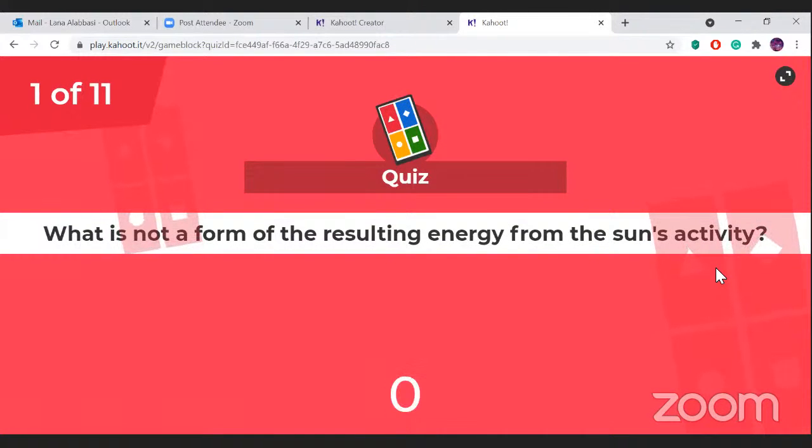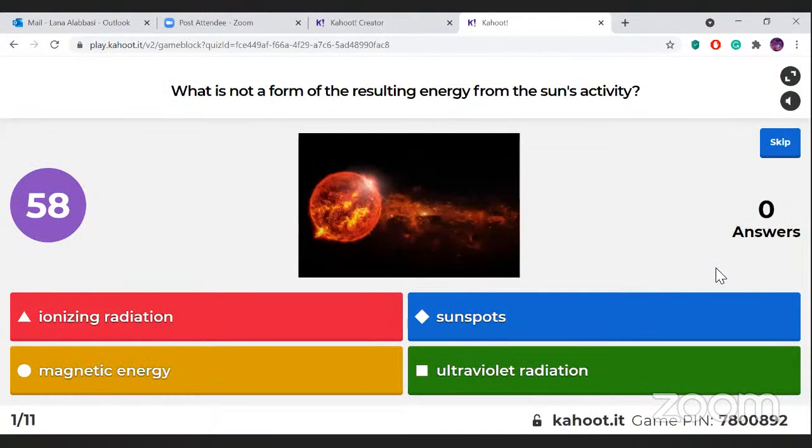So the first question is, what is not a form of the resulting energy from the sun's activity? Is it the ionizing radiation, sunspots, magnetic energy, or the ultraviolet radiation? Click on the right answer.